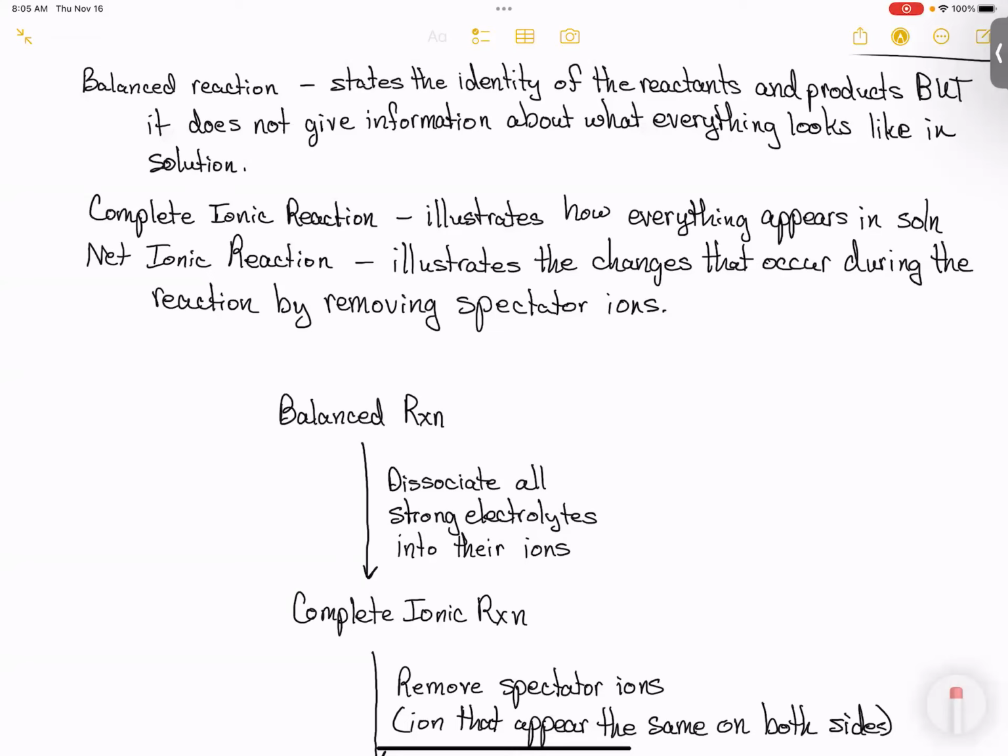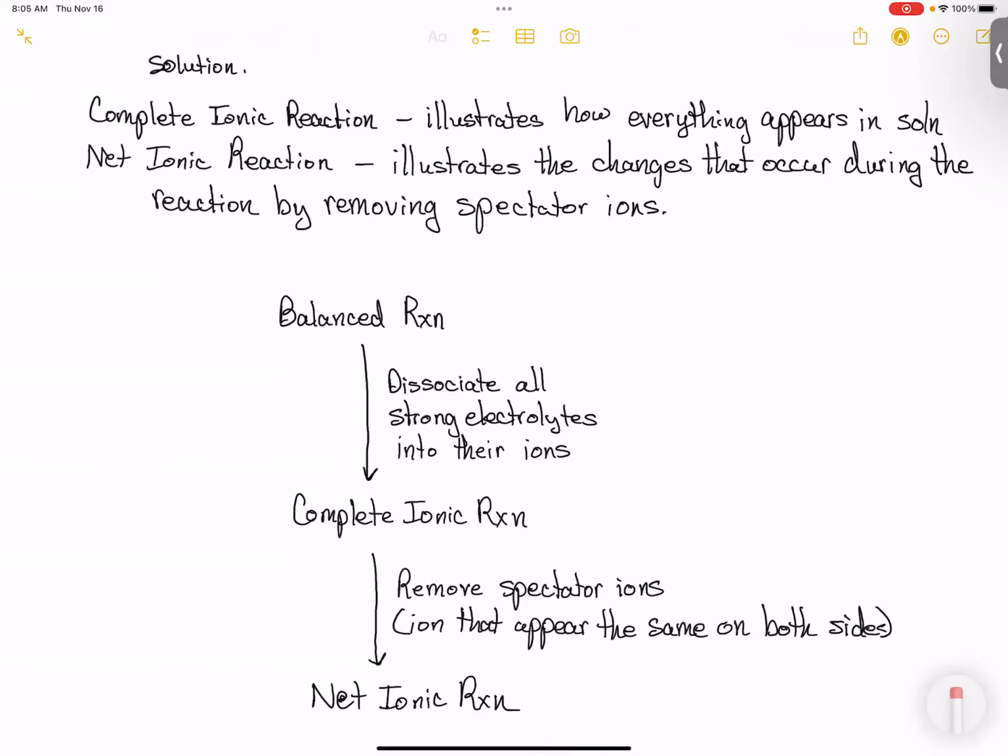So the complete ionic reaction is going to illustrate how everything appears in solution. Is it in ion form or is it a solid? What does it look like? Then we can go from the complete ionic to the net ionic equation by removing all spectator ions. Spectator ions are kind of like spectators at a game.